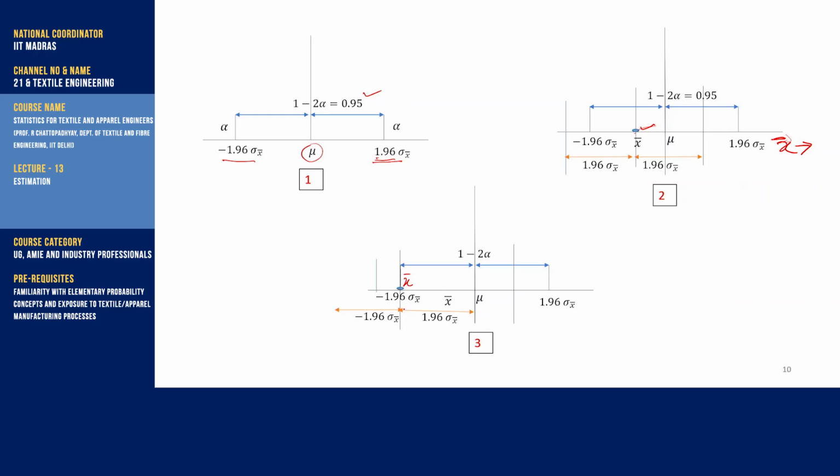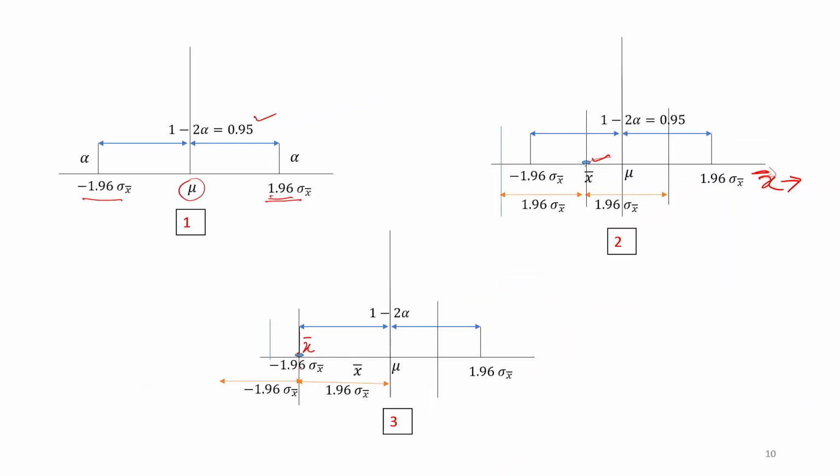And then if I draw the limits on both sides, 1.96, 1.96 both sides, then you see that when it is falling here, I can say that within X bar plus minus 1.96 sigma X bar, the population mean is going to lie, because this is the extreme when it has fallen on the 1.96 sigma X bar line.